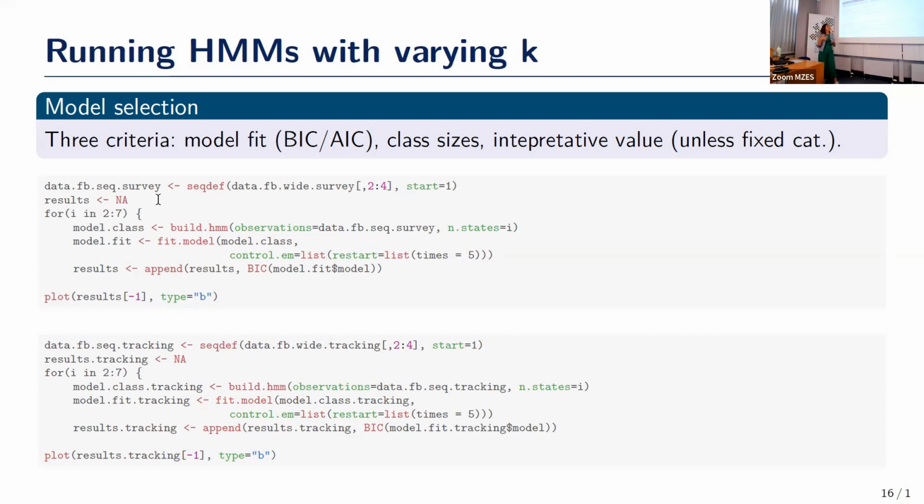And also very important, we look at the interpretative value. So if we have a similar model fit in terms of BIC, AIC for 3 and 4 classes, there's not much of a difference.